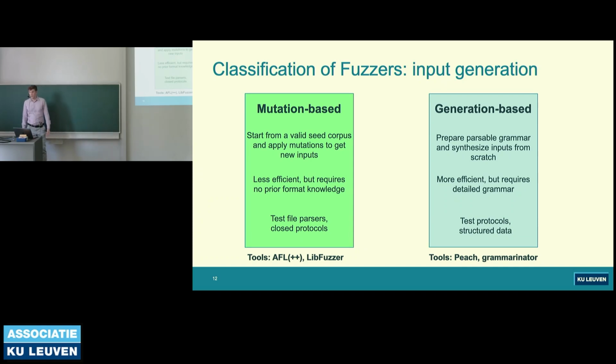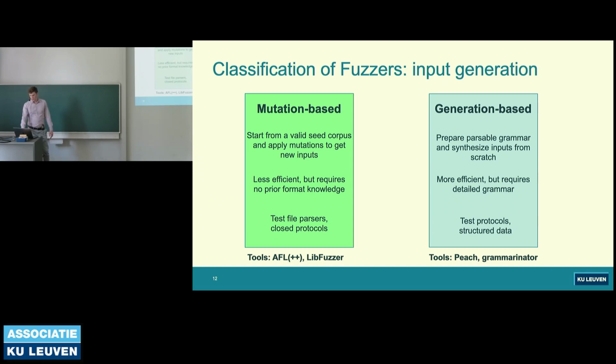Therefore, if you use the generation-based fuzzer, you need to either manually construct this grammar, which might be very hard or sometimes even infeasible, or find an already existing grammar that you can use during the fuzzing. Generation-based fuzzing is very good for structured data, for example any kind of protocols, but it is of course much harder to make work. You really have to know a lot of things about the protocol or find an existing grammar, as I said.